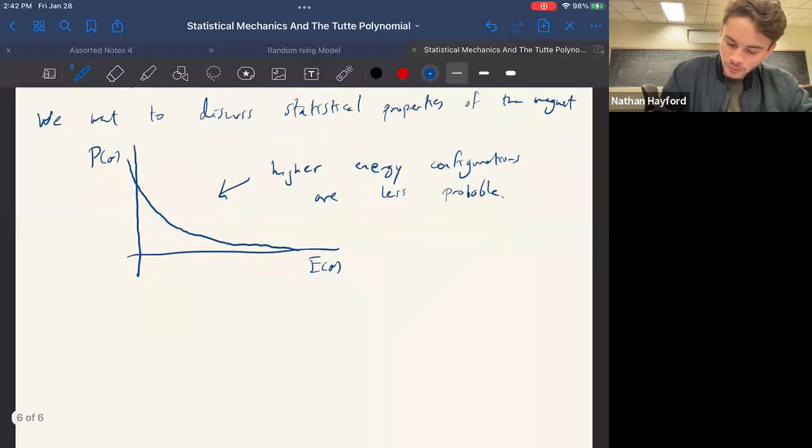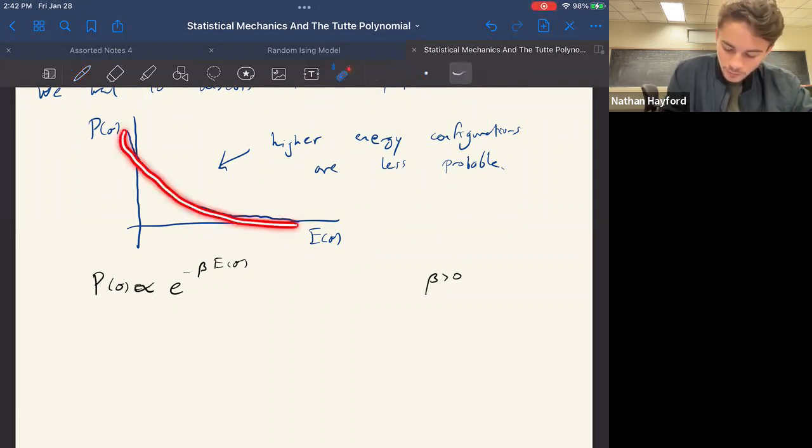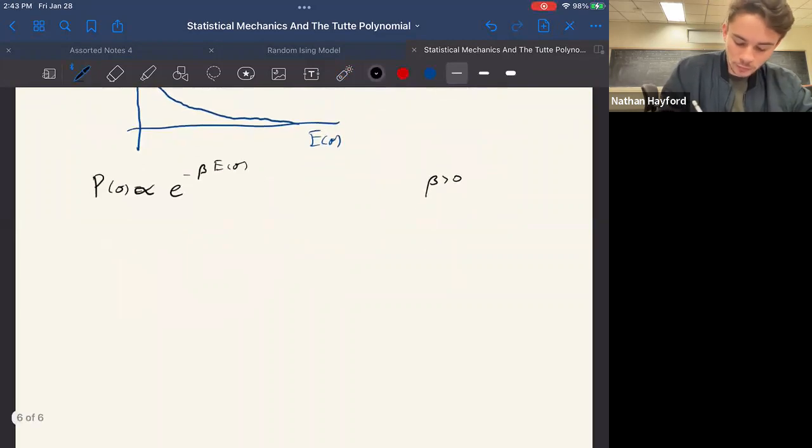The easiest way to achieve this is to set P of sigma proportional to e to the minus beta E of sigma. Beta is some constant that I have control over, a positive constant. So this behaves exactly like what I drew here. The probability of being in a particular configuration is proportional to e to the minus beta E of sigma. And what is the actual proportionality constant?